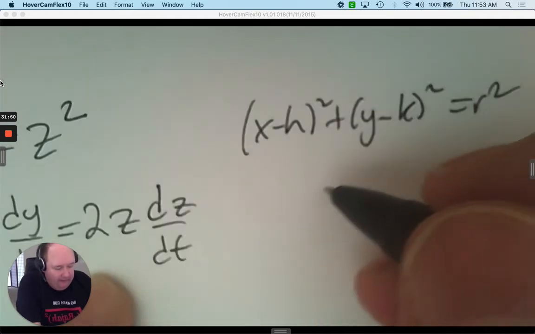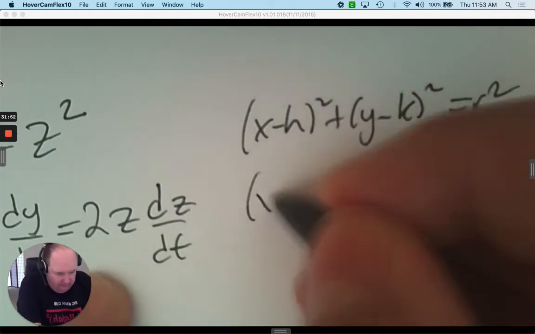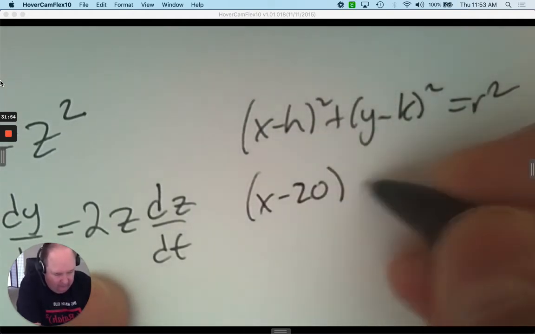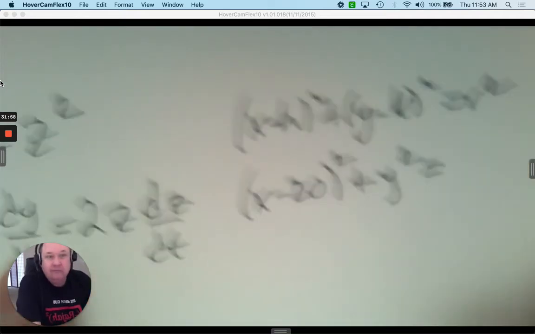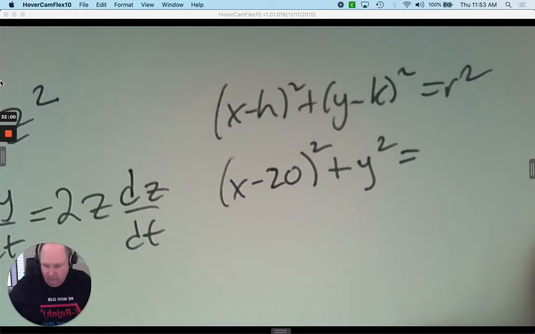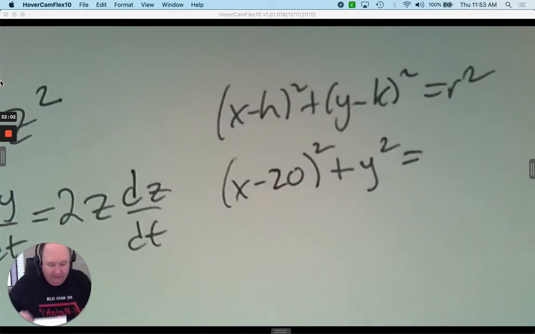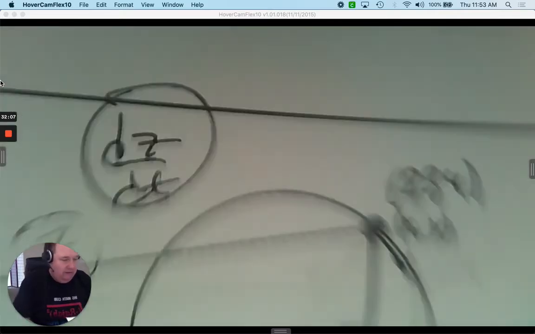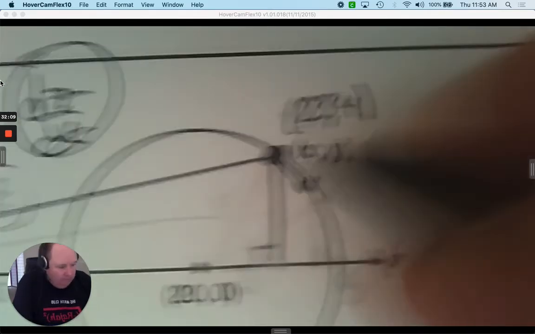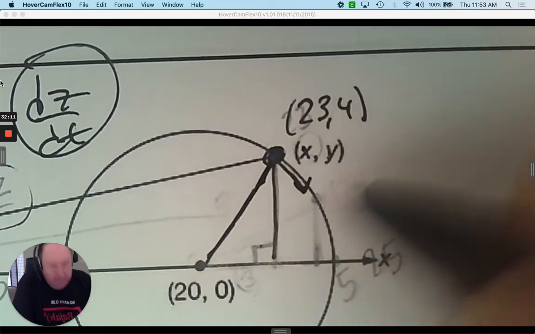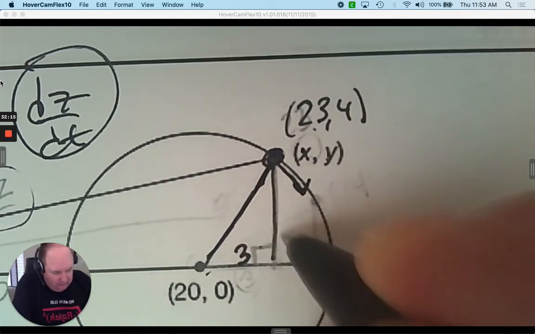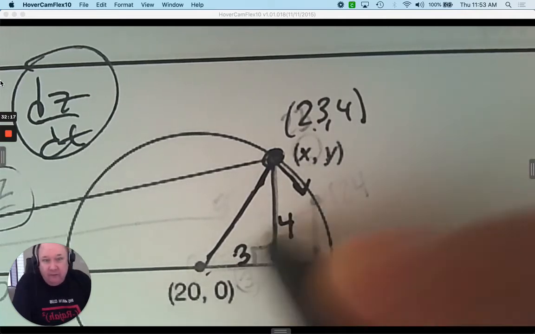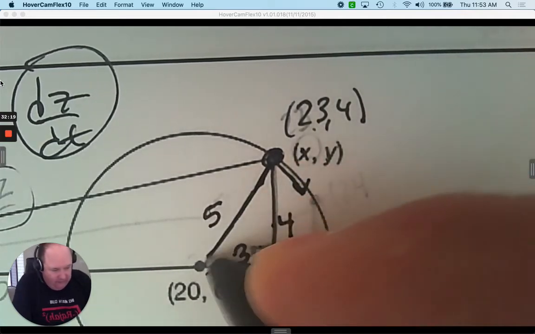So I know the center is at (20, 0), and I can figure out the radius of that. So that's the radius. 20 take away 23. This is 3. This is 4. This is a 3, 4, 5 triangle.